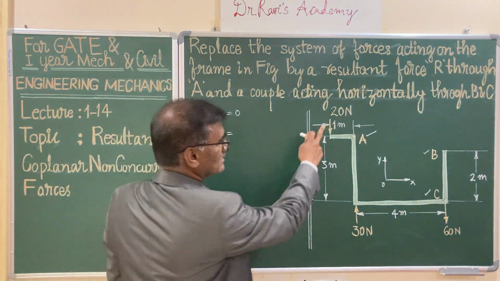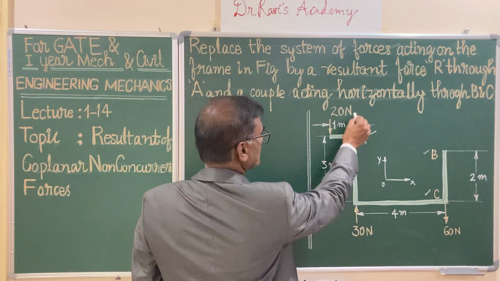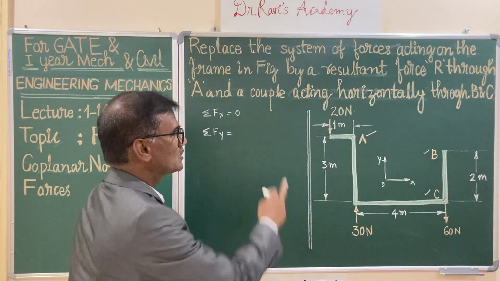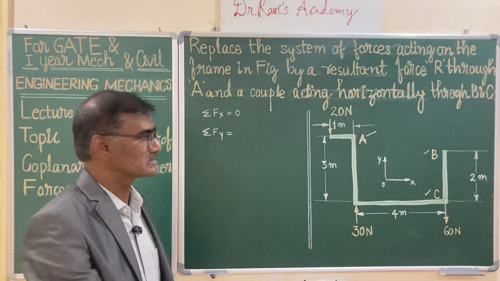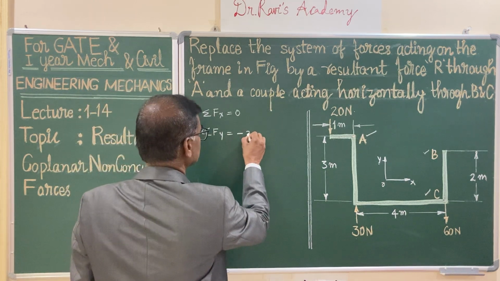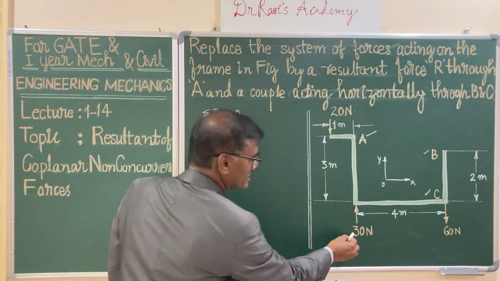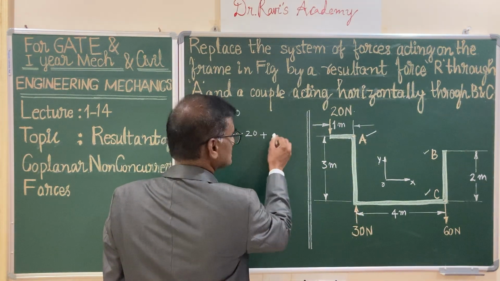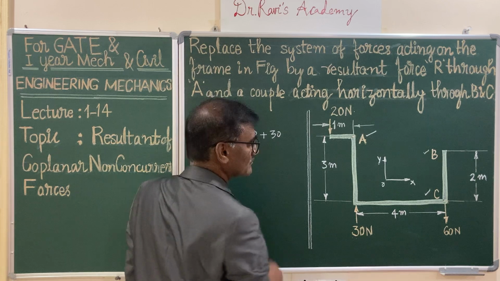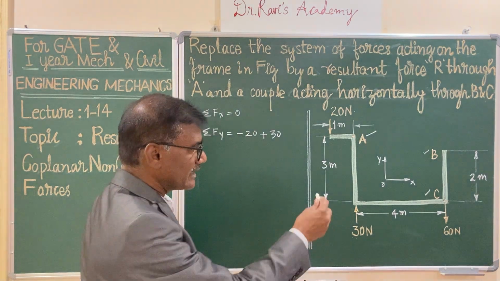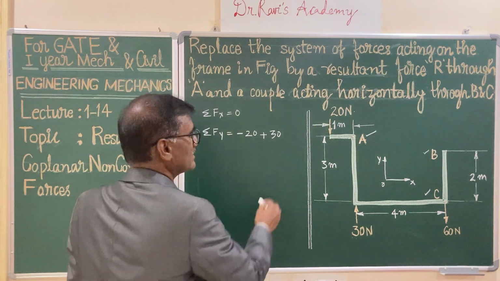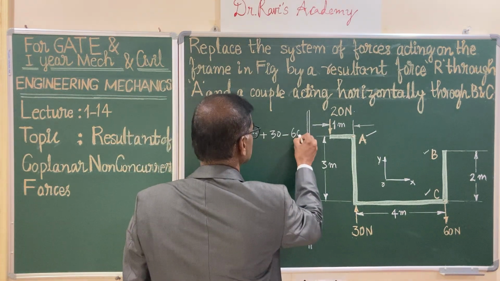The frame is subjected to three forces: 20 kilonewtons, 30 kilonewtons and 60 kilonewtons. 20 kilonewtons is acting downwards, so it is minus 20, and 30 kilonewtons is acting vertically upwards, in the direction of y, so that is plus 30. And 60 kilonewtons is again acting vertically downwards, in the direction of y prime, so that also becomes minus 60.